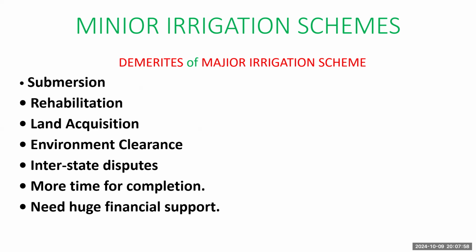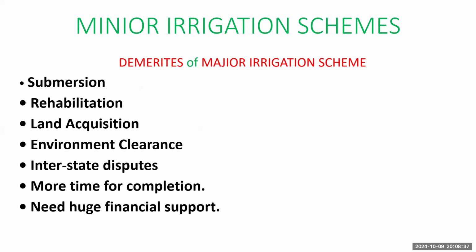When big irrigation projects are implemented, they have to take environmental clearance. For a big irrigation project, it is essential to carry out the environmental impact assessment, in short called the EIA study. Whenever big projects are implemented, at first clearance is required from the government authority, and for that they have to submit the EIA study for the project.